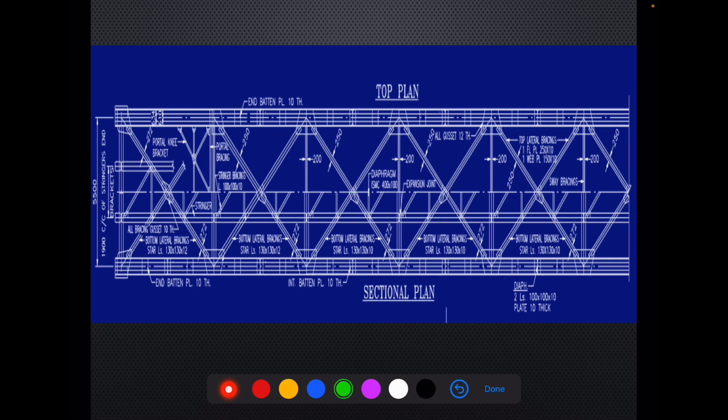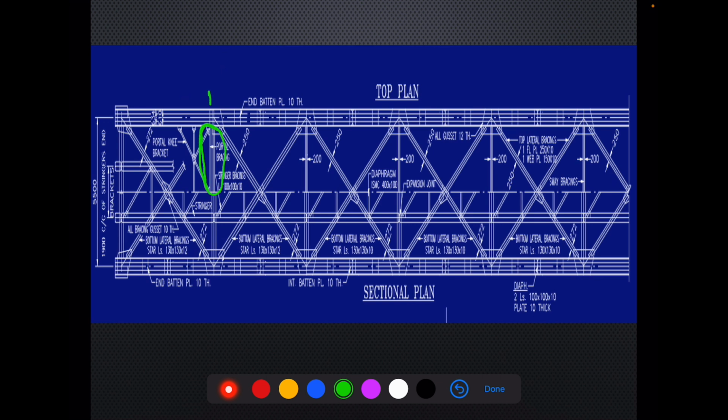This is half. Then we can also find, if we see carefully, this would be the end raker if we are seeing from the top. And the girder associated with the end raker, joining two end raker points here and here, is the portal girder.